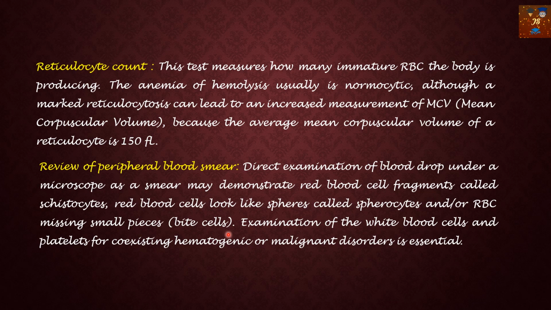These three can be found in the peripheral blood smear if reviewed for the diagnosis of hemolytic anemia. Examination of the white blood cells and the platelets for a coexisting hematologic or malignant disorder is also essential. Means whether only hemolytic anemia is present in the person or some other problems are also there.